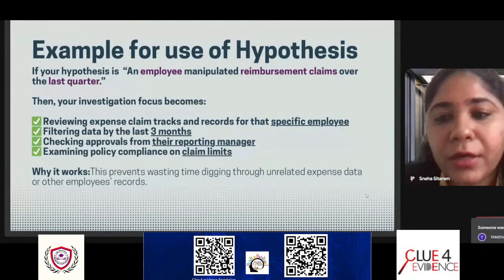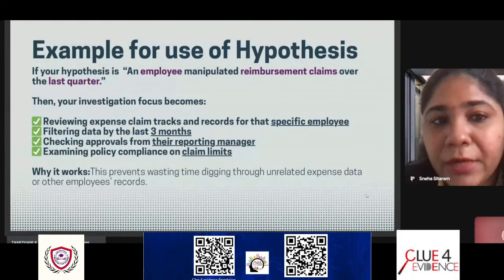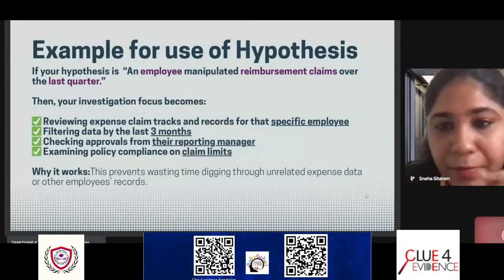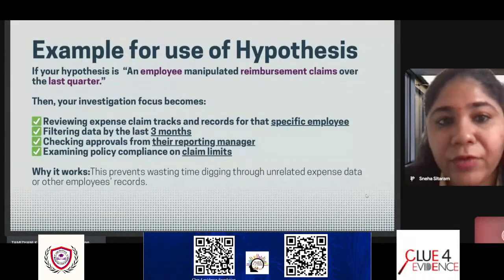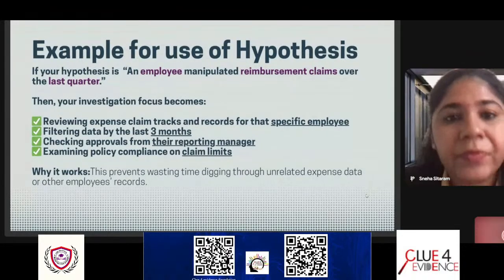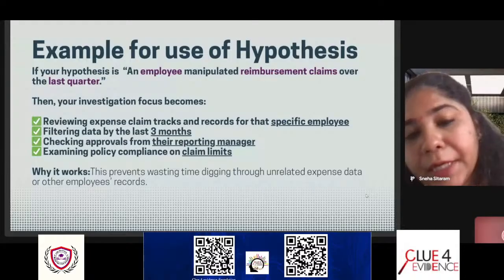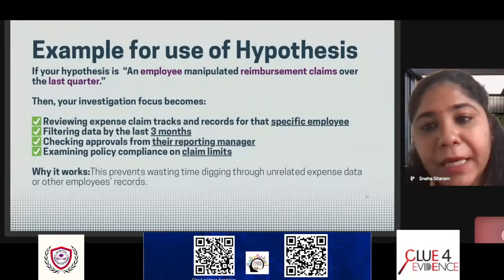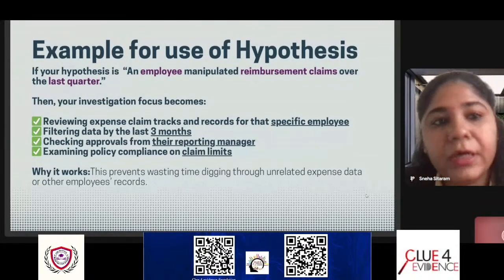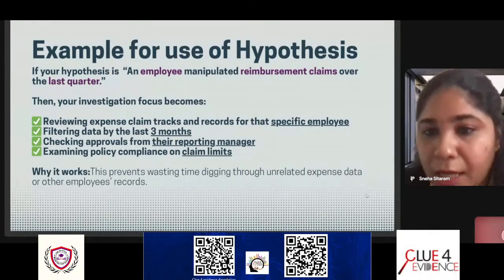So here an employee, that is important. It means we understand that one employee is actually involved, and we know the employee specifically, and manipulated the reimbursement claim. So the reimbursement claim is the problematic area over here, and they have also mentioned the last quarter.